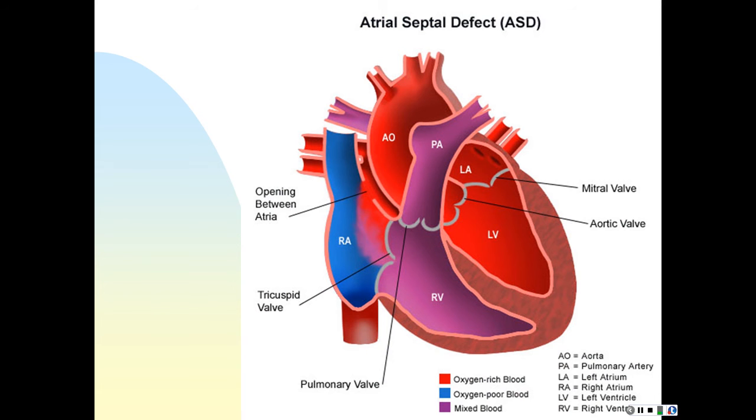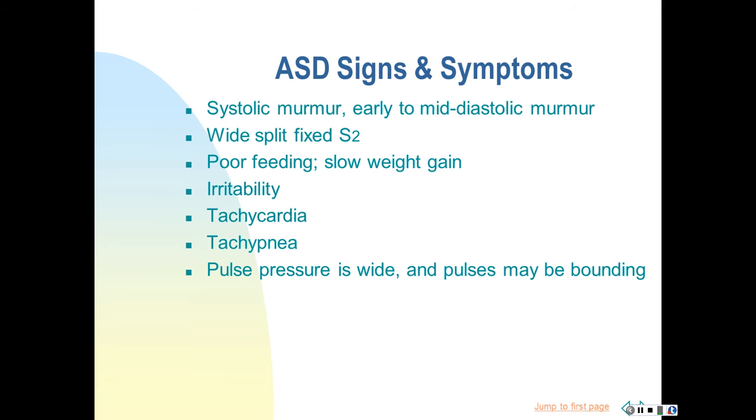Once we have this hole, sooner or later we have to fix it, correct? So again, are you starting to see a common theme? All of the defects that give us increased pulmonary blood flow will have similar signs and symptoms. They all have murmurs. This one will give you a wide split S2 because since there's so much more blood going back to the right side, the tricuspid valve and the mitral valve aren't going to close at the same time.